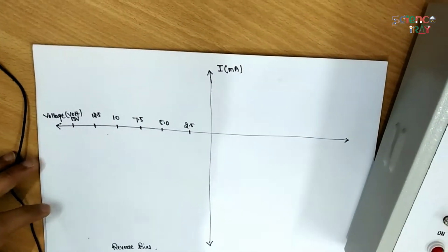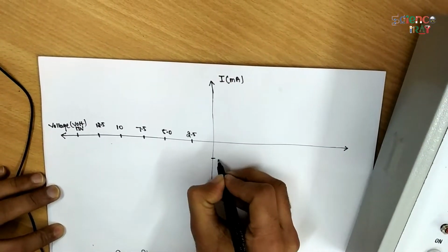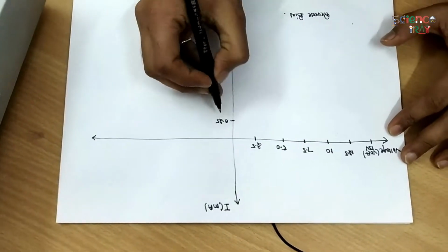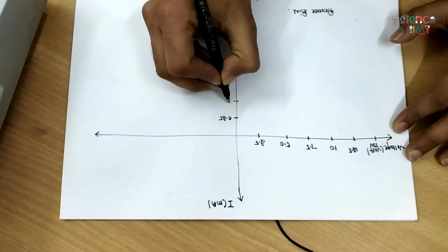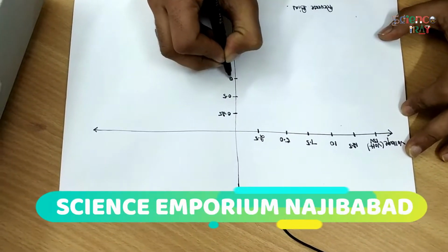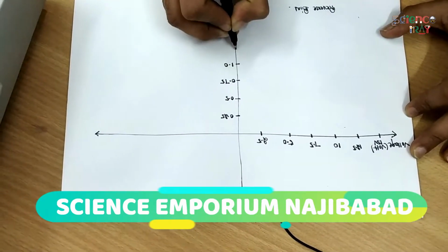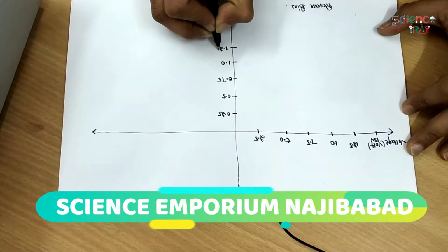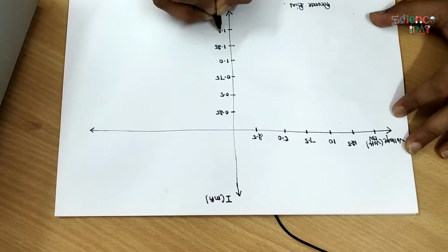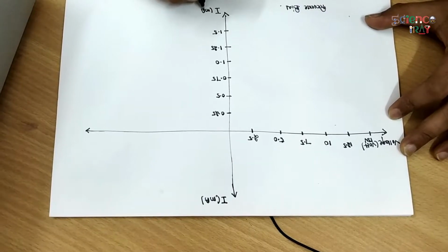And for current, we shall measure on the y-axis 0.25 milliampere, 0.5 milliampere, 0.75 milliampere, 1.0 milliampere, 1.25 milliampere, and it goes up to 1.5 milliampere. So current in milliampere.